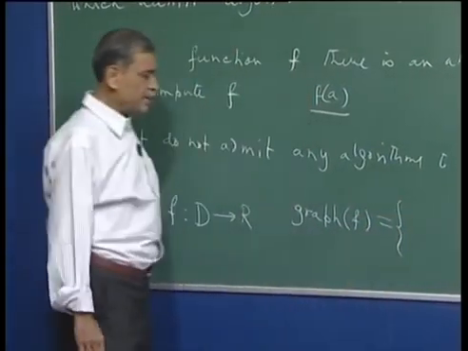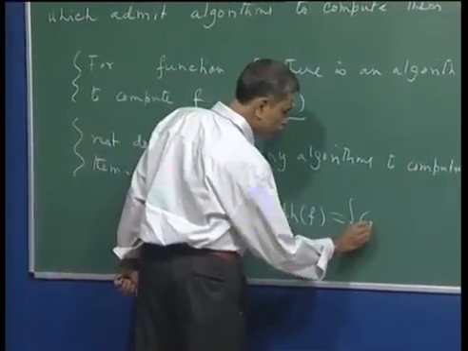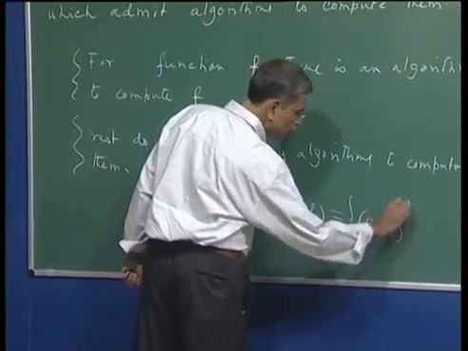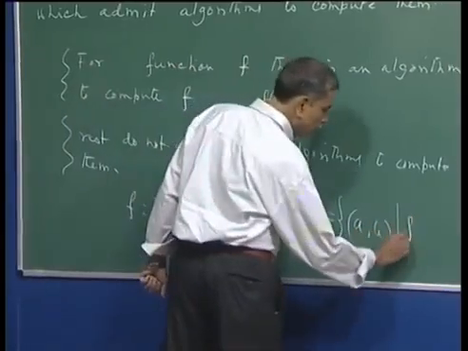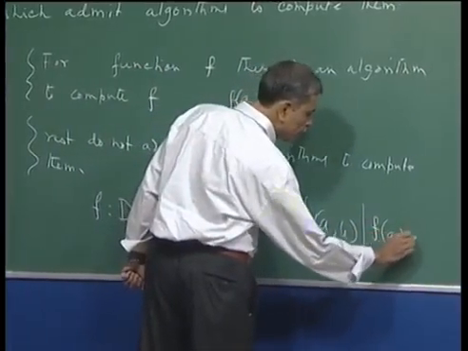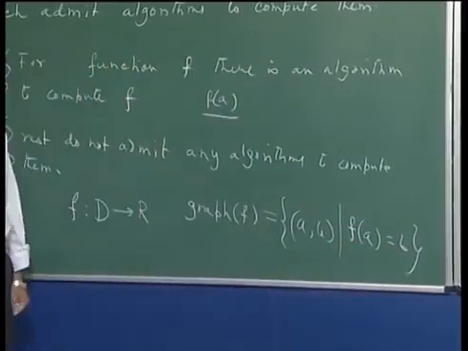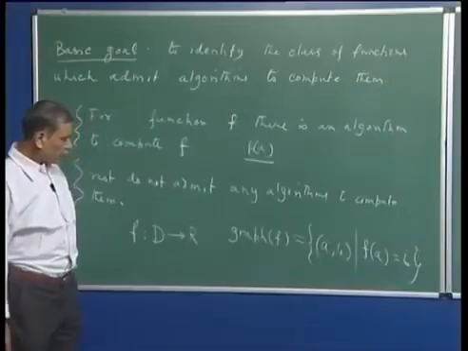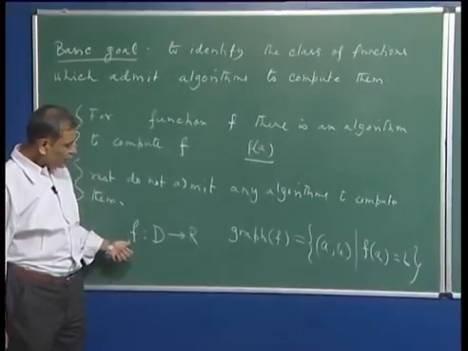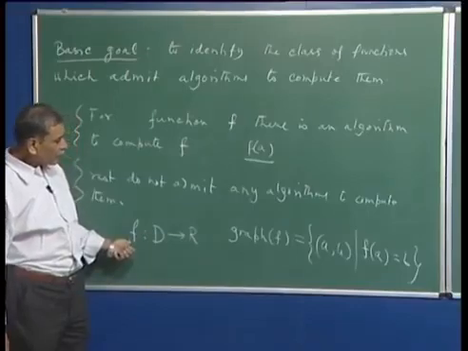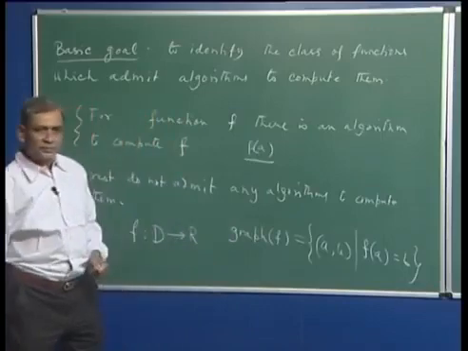That set is a set of tuples (A, B) such that f of A is equal to B. The point is that with every function f, we can associate such a graph.